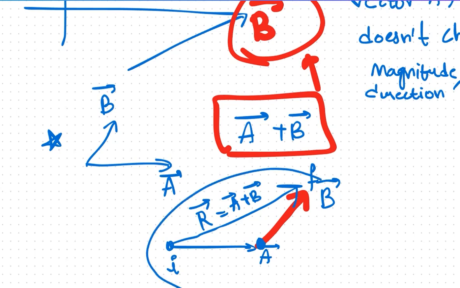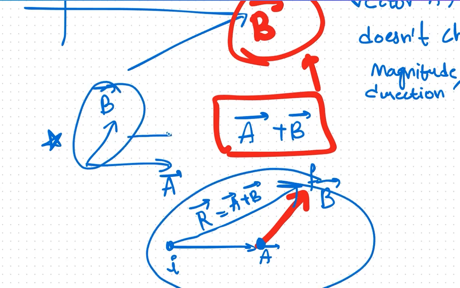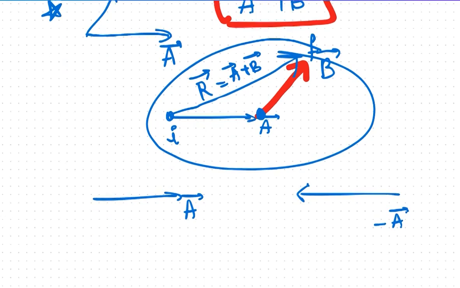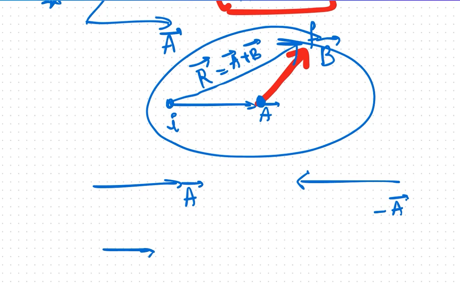The concept we used was we translated this B slightly towards the right. And I think you know some basics: if this is A vector, minus A vector will be how? It'd be the opposite way. And let's say this is A vector.